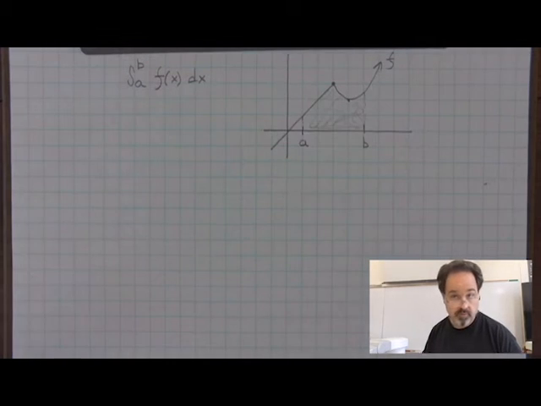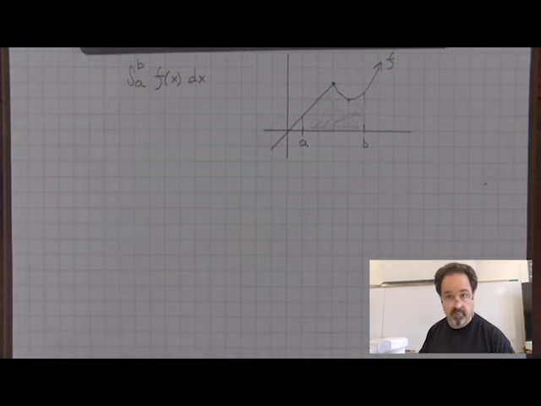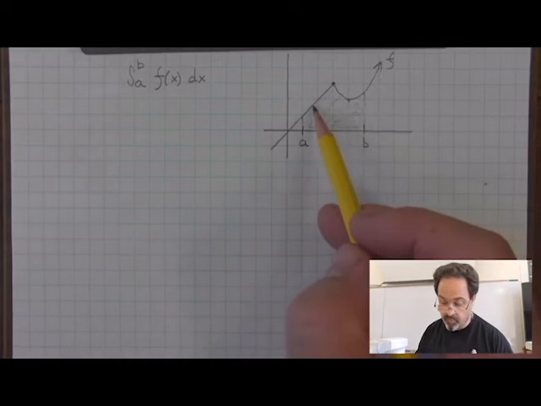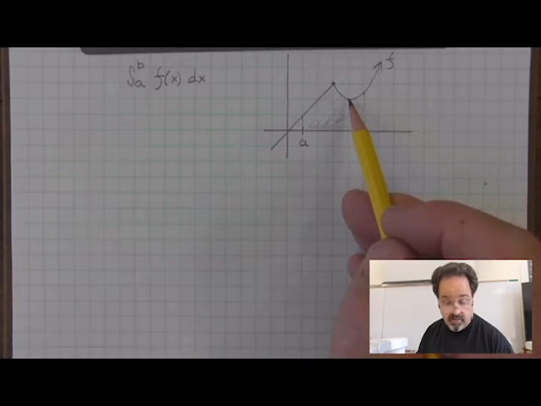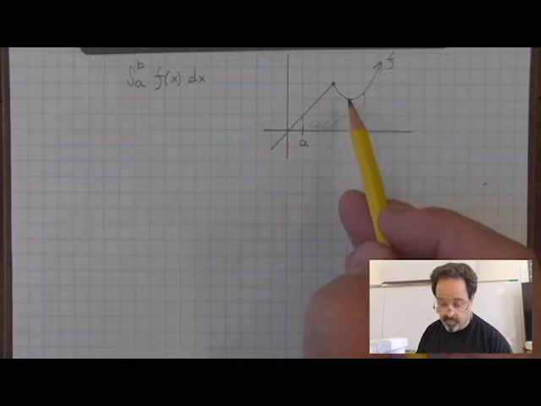So this is a single function. It's piecewise, so it'll have at least two expressions for the different pieces that we can see, and there's a transition point from one piece to another.